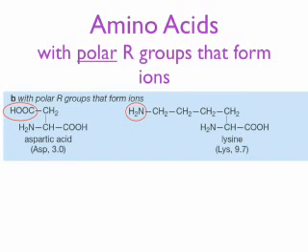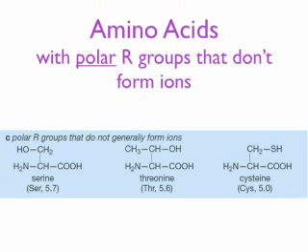Likewise, the amine group on the end of the R chain on lysine could potentially accept a proton and therefore ionize to form a positive tail on lysine. And so these are examples of amino acids that have polar R groups, groups that can potentially ionize and form a polar molecule. Thirdly, we have amino acids with polar R groups that don't form ions.